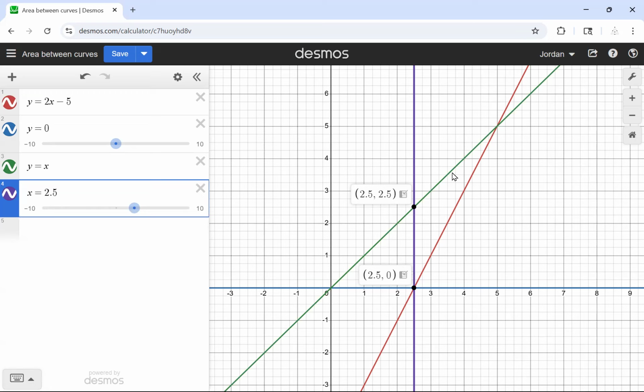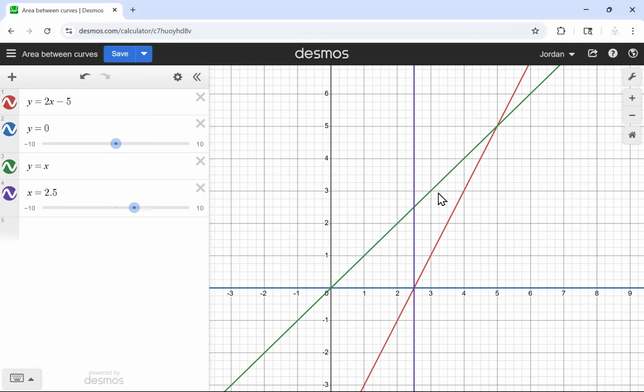And then the area of this triangle, well, you can think of this as the base. The base goes from 0 to 2.5, and then the height would go from 2.5 to 5. So once again, 2.5 times 2.5 divided by 2 is the area of that triangle, which again is 3.125. So if you wanted to, you could do this geometrically, is all I'm saying. Now, if you had other curves, you couldn't do it geometrically.